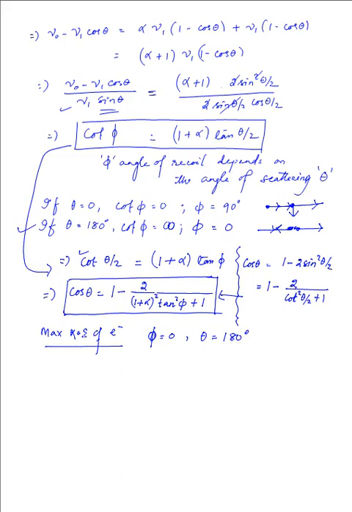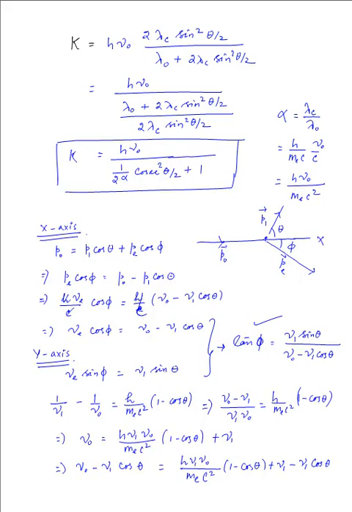So theta being equal to 180 degrees, we can put the value over there for maximum kinetic energy. The kinetic energy, in this case it is maximum, is equal to h nu naught, and this term over here, that is 1 plus 2 times of, if you go back, that boxed term we have, and for theta equal to 180 degrees, we have cosecant square of 90 degrees, and that is going to be equal to 1.